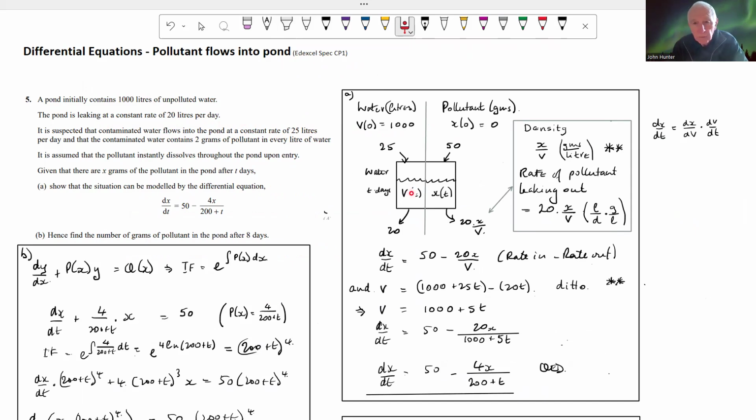We've got a density in here, which is a bit difficult to work with, and we've got use of an integrating factor here, and so on. So yeah, it's a little bit of a challenge. Let's have a look at the problem.